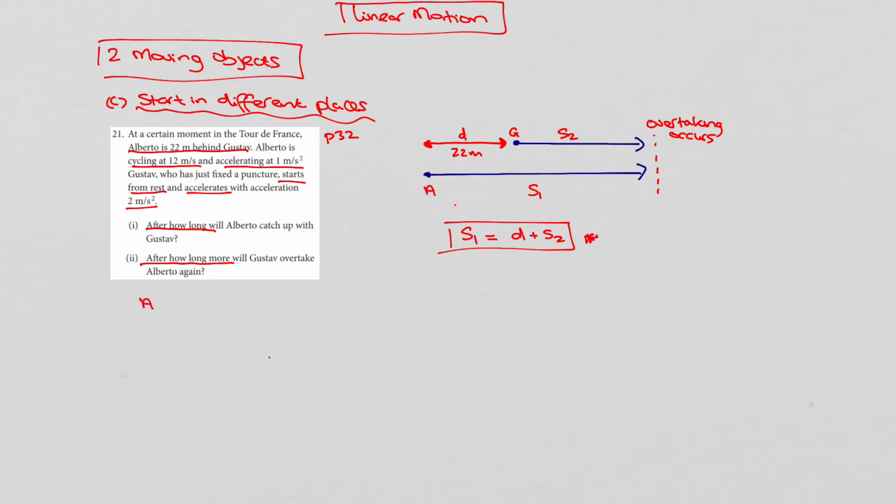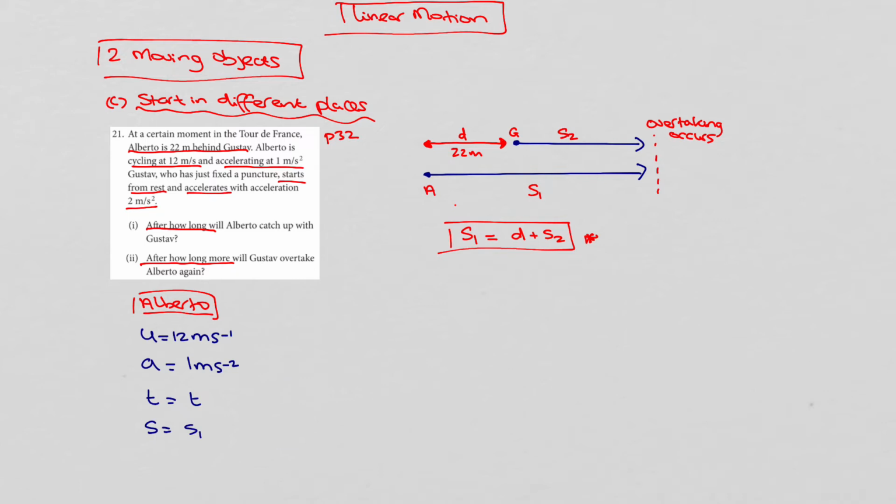So we're going to say Alberto, and we know that he has an initial velocity of 12 metres per second. We know that he's accelerating at 1 metre per second squared. The time at which overtaking occurs, we're going to say is t, because they're travelling the same length of time. The distance he travels, we're saying, is S1.